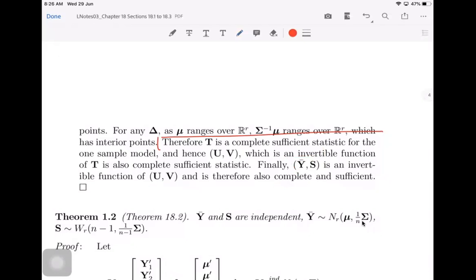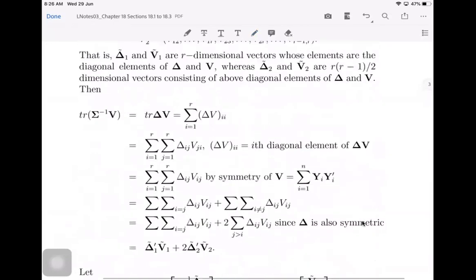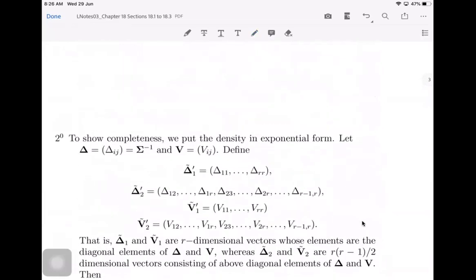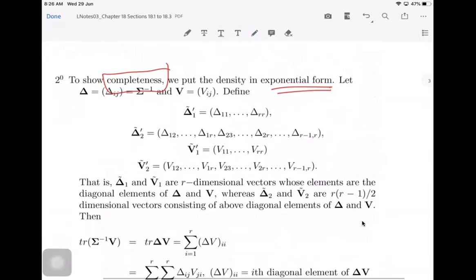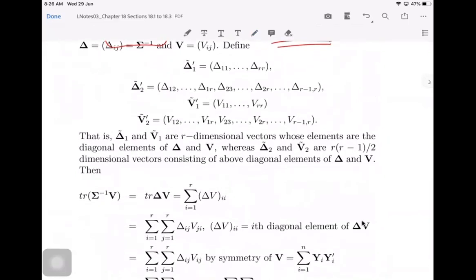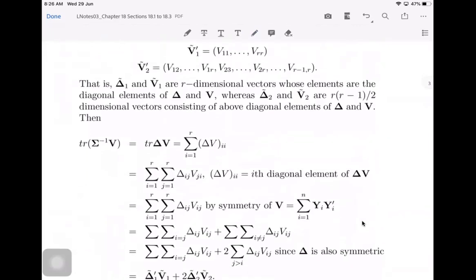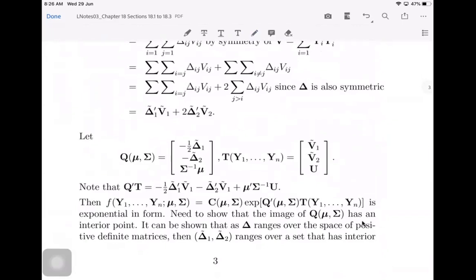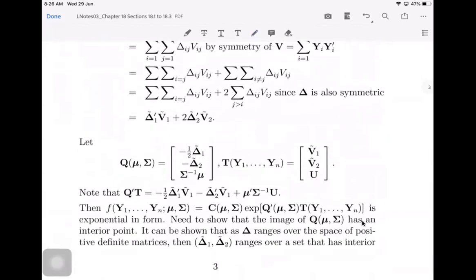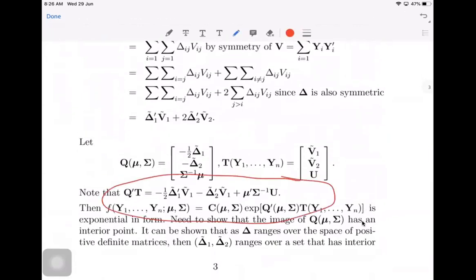Okay. So to prove completeness, you use the concept of exponential form. It has to do with a ball or a sphere that will talk about completeness. I will not take into consideration the proof of the completeness, because you should have an idea about exponential form.